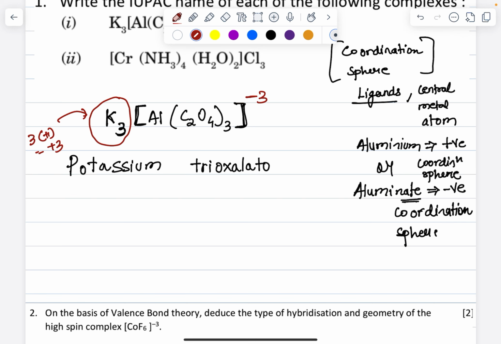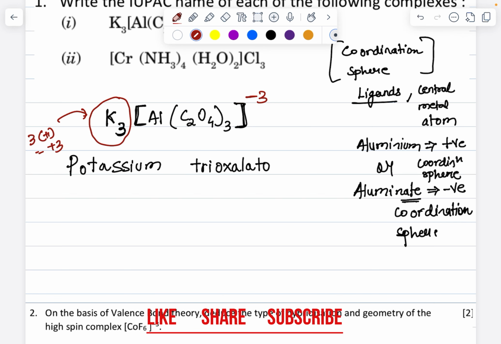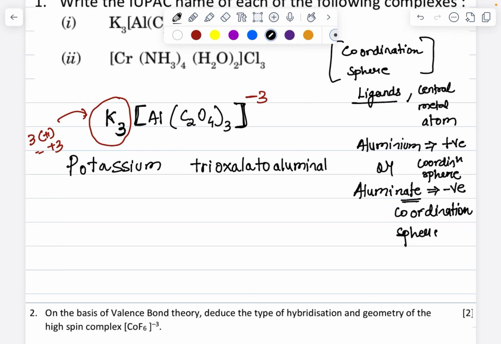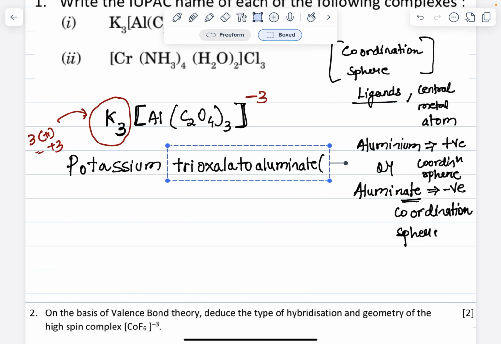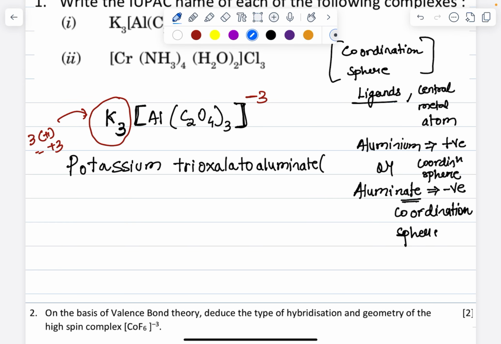That's why this is a negative coordination sphere. So trioxalato aluminate. Now inside this, you write the oxidation state. After this, the name doesn't end. We also have to write the oxidation state of aluminium at the end.